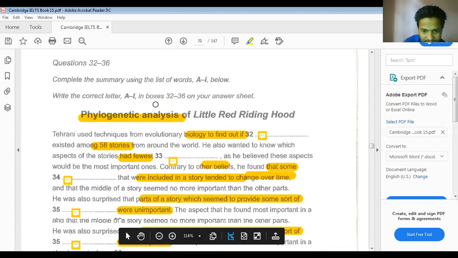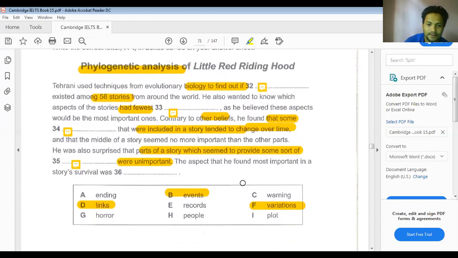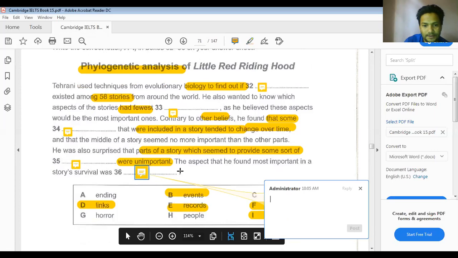Here, paraphrased. Information of the story. Ending, no. Warning, no. Horror, no. People, no. Then that's plot. Plot means information. And the answer is information. And information is paraphrased with plot. Answer for question number 36 is I.